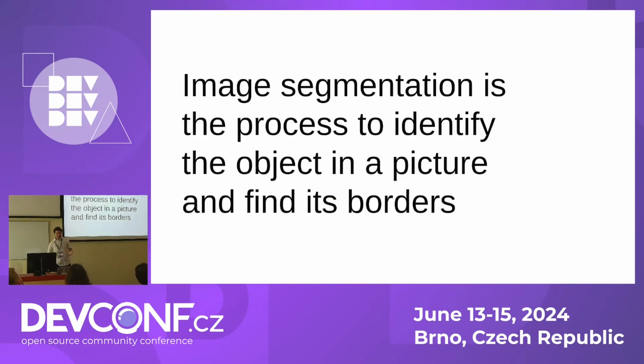In other words, image segmentation is the process to identify the objects in a picture and find their borders. Image segmentation is also a branch of computer vision research that aims to give machines the ability to find and classify objects, and try to find their borders. So in simple words, that's the best definition I was able to find.